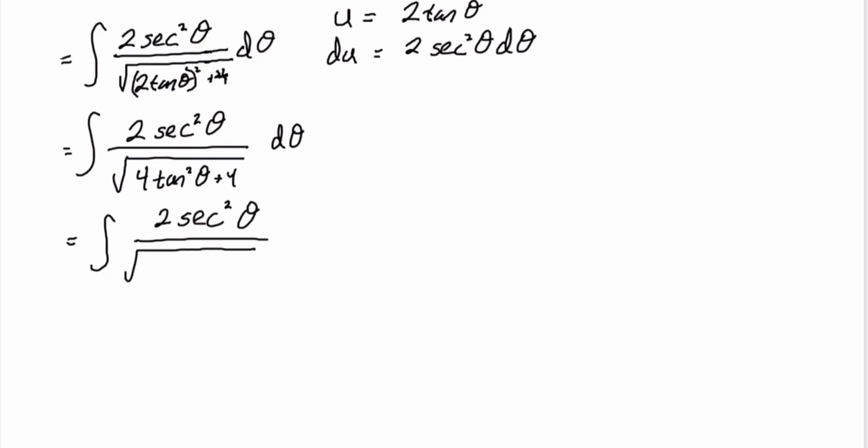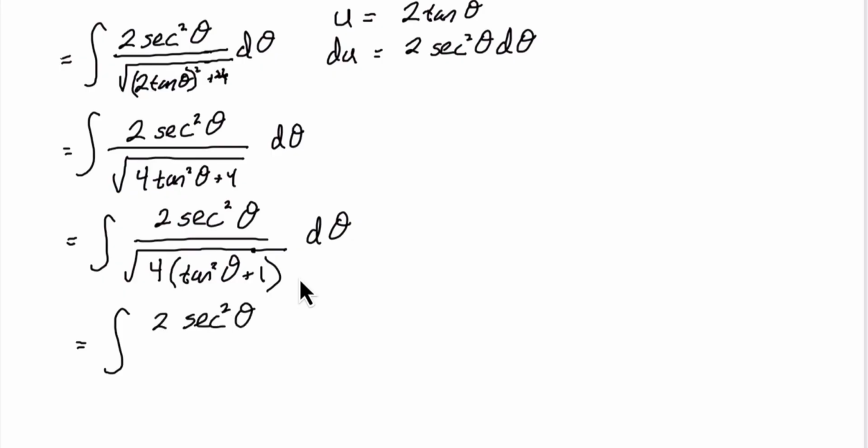We can factor 4 out of the denominator, leaving us with tangent squared theta plus 1, d theta. At this point, tangent squared theta plus 1, hopefully we recognize that as one of our identities. Copy the top. In the denominator, we have the square root of 4. Replace tangent squared theta plus 1 with the identity secant squared theta.